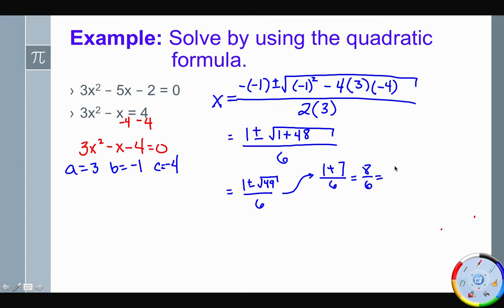And 8 over 6 is the same thing as 4 over 3, and just leave it as improper. And we also have 1 minus 7 over 6, which is negative 6 over 6, which is negative 1. And there you get your two answers.